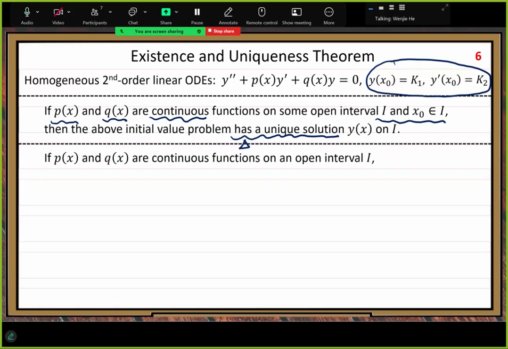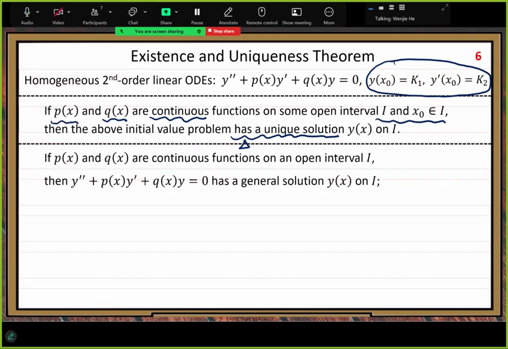So this result is about its general solution. So the same, P and Q continuous. Because here there is no x0, we do not need to mention that x0, because it's not an IVP problem.